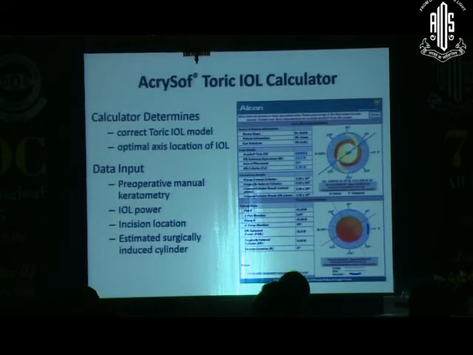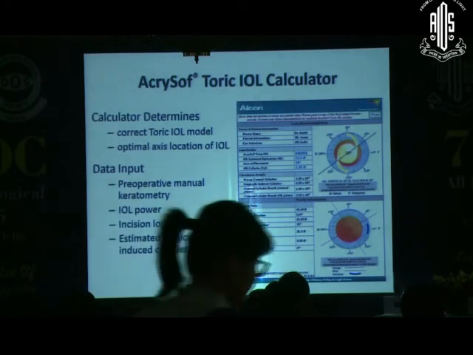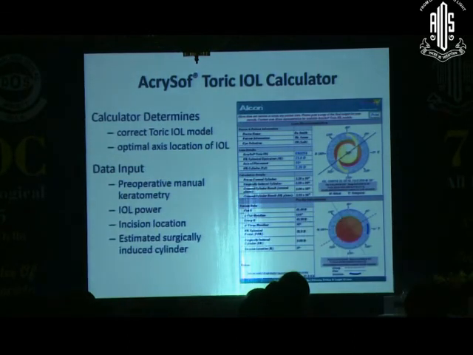So let's first see the AcrySof toric IOL calculator, which is of course a very popular lens, a hydrophobic acrylic lens with good stability, a very good outcome in the toric IOL group. This calculator gives you the model, and the model basically means what is the toricity of the IOL.